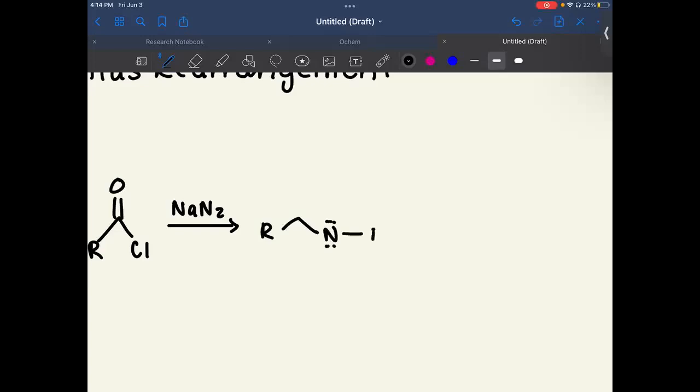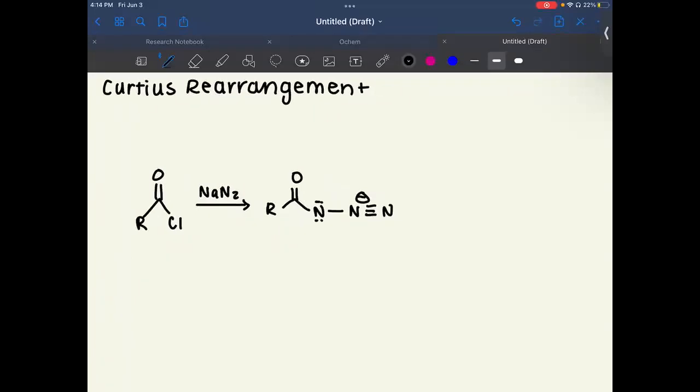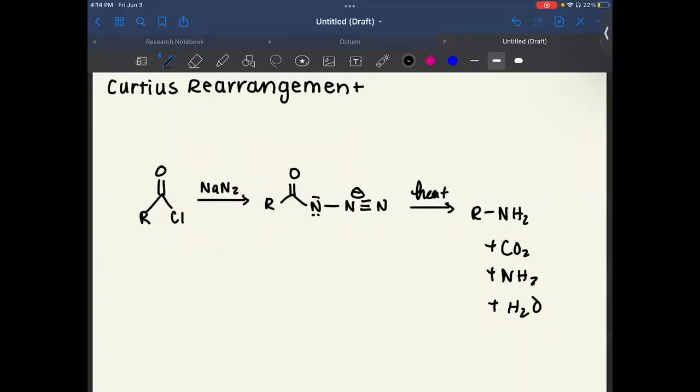There'll be a nitrogen there. So that's what'll happen when you react those. And then one last final step. So we add some heat on there. And we get this final product. And that's it for that one too.